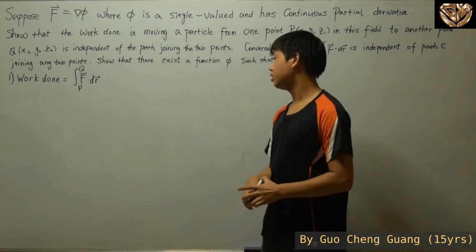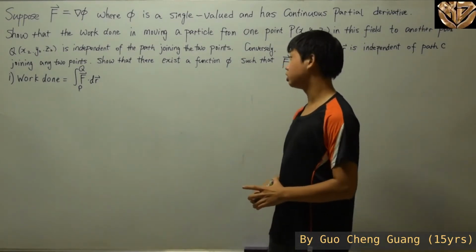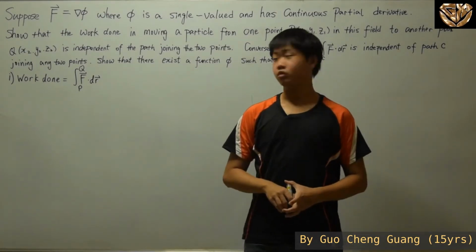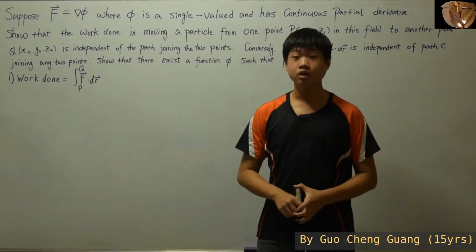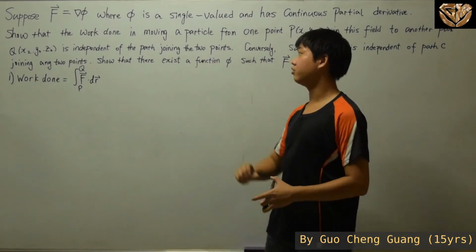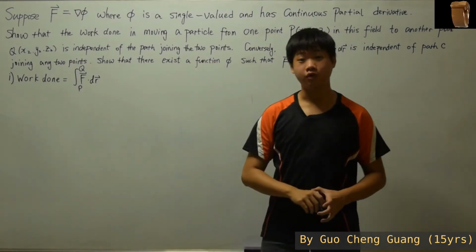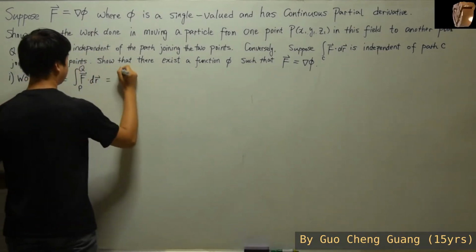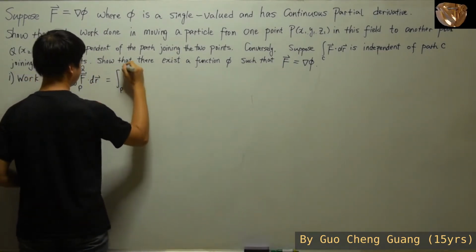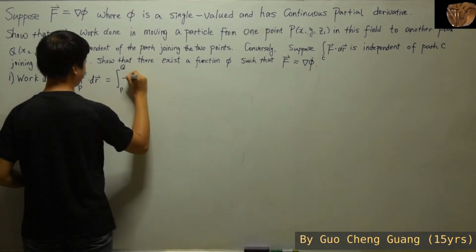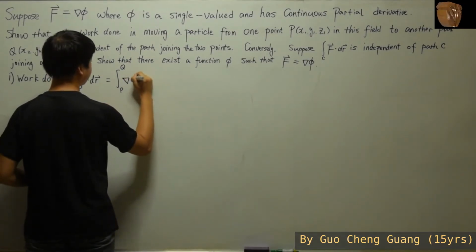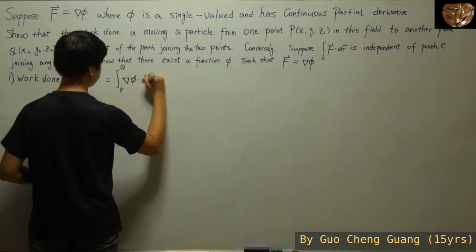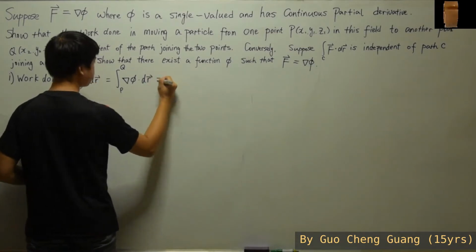However, in this case, we are not exactly sure how to find this. In this first part, we're given that f is equal to del phi. So let's use that. Now integrate from P to Q, and here we have del phi dot dr vector.